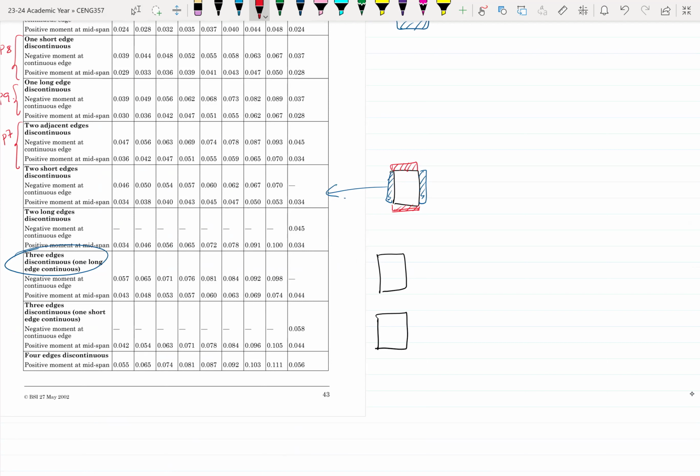Let's say three edges discontinuous. We end up with something like this. If one of the long edges is continuous, then there's an option that we go with. And if one of the short edges is continuous, while the rest are discontinuous, we go with that option. So this is what we have, and it depends on the kind of support system that you have.